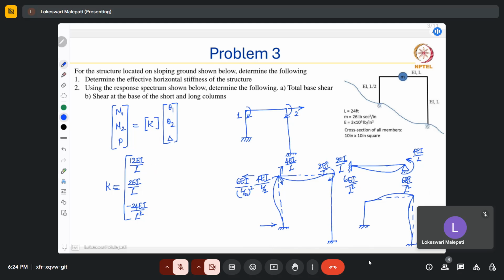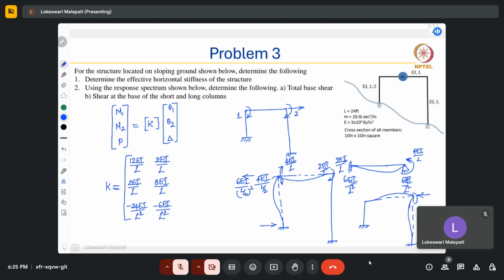So that is 2 EI by L. The second thing is the summation of this and this, that would be 4 EI by L plus 4 EI by L, because the length is the same for both the beam and this column. So that would be 8 EI by L. And then the shear force that is generated, so again the force will be in the opposite direction and here the length is L. So this would be minus 6 EI by L square.